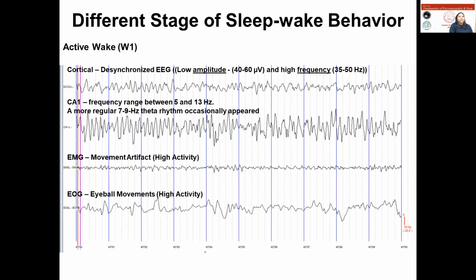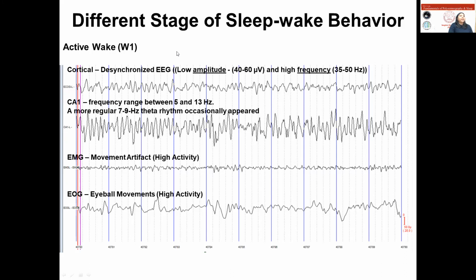Wake is further divided in rodents into active wake and quiet wake. Active wake is when the animal is actively moving around in the chamber that I just showed. This is how the EEG looks: it has low amplitude, high frequency. This image is for a 10-second epoch.